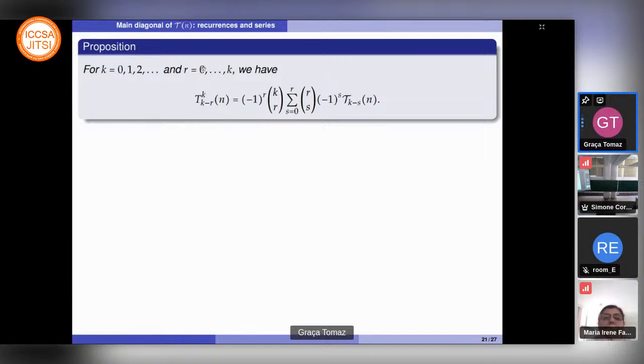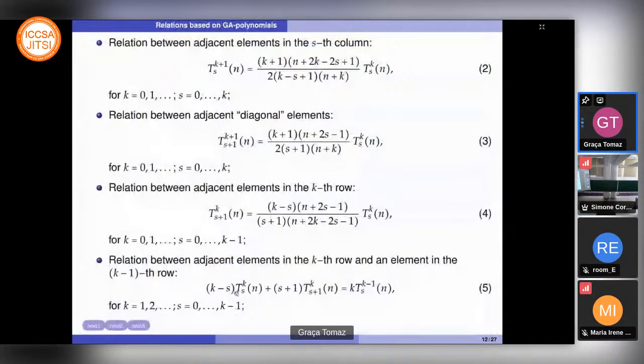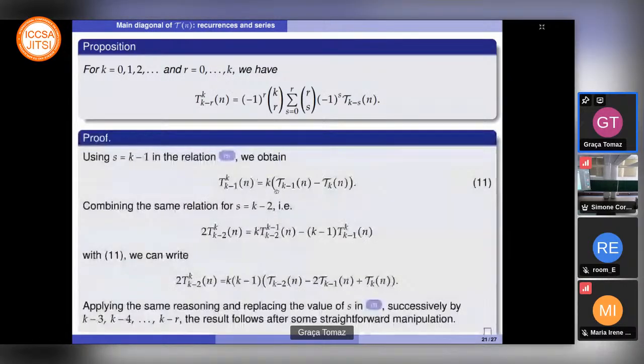The following proposition shows the relation between an element of the triangle with the elements of the main diagonal. In order to prove this proposition, we start with this property with s equal to k-1, and we obtain this equality.